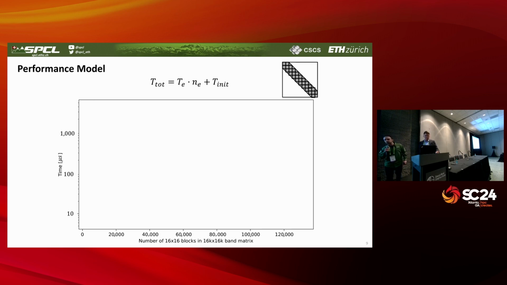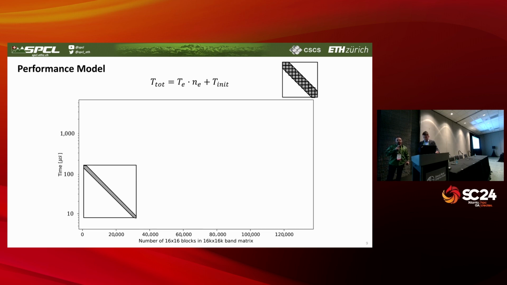We chose a band matrix for this experiment because if we run it on real CSR matrices, there is a lot of jitter coming from non-determinism in the distribution of blocks. So the purpose of this benchmark is just to see how efficiently we can stream the data from the memory and how fast we can compute it.